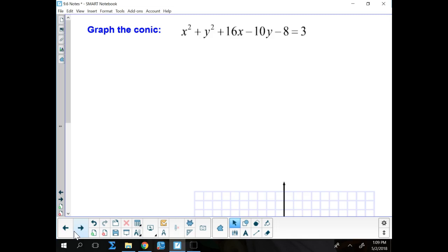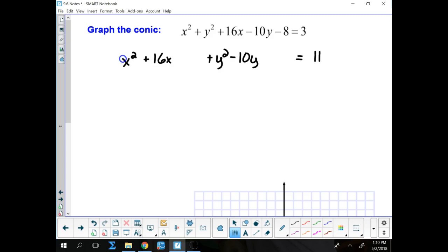Alright, we know that. So now let's complete the square on it. I would first rewrite this as x squared plus 16x plus y squared minus 10y equals, and I'm going to move that 8 over to the other side. Add 8 to both sides, and it gives me 11. Agreed? Now I'm going to look at my x's.